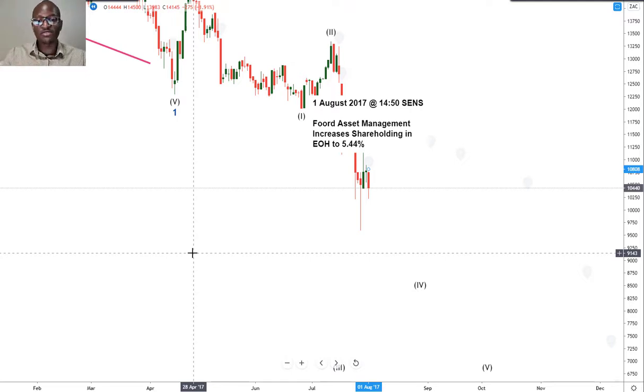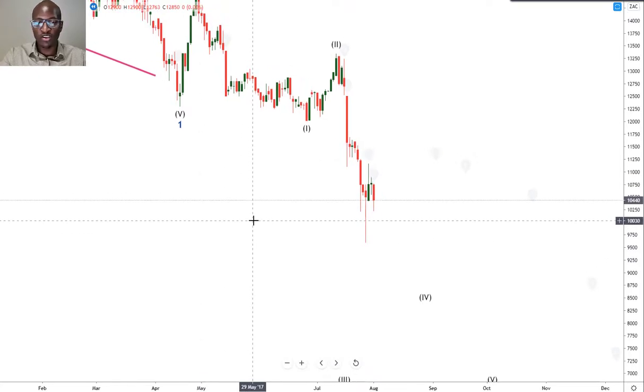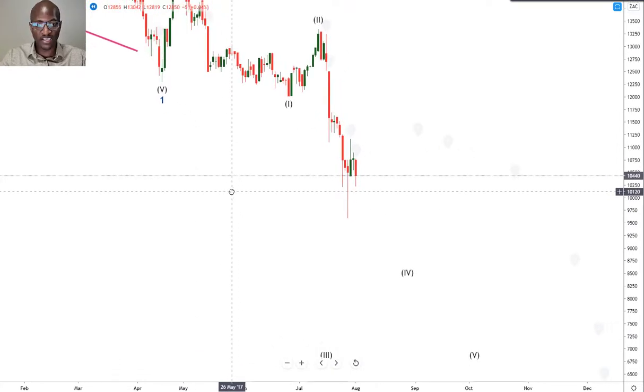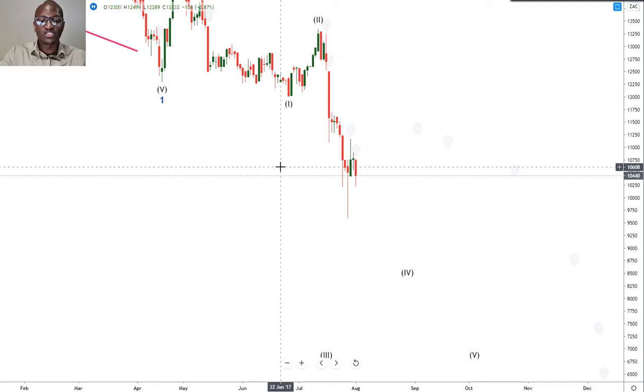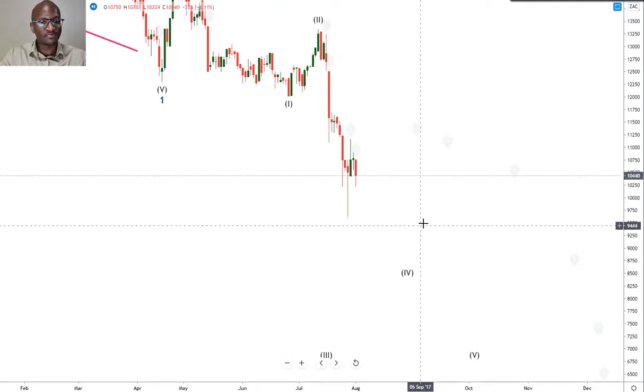So perhaps Foord felt that at this stage the market represented good value because it had a major correction. At this point in time, I'm sure the correction was about 45 odd percent, and they saw it as a good buying opportunity. But from the market perspective, it could also have been seen as a good signal that institutions are still buying EOH.